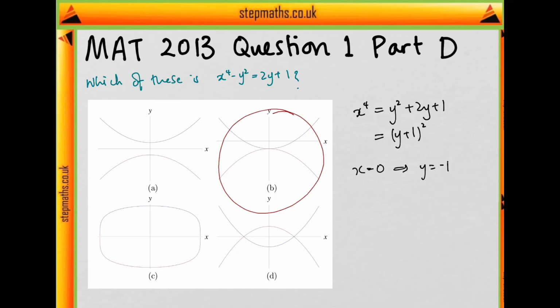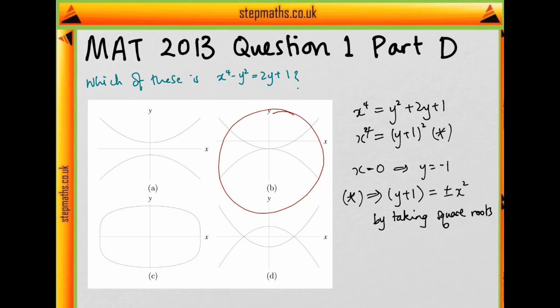And indeed, if you look at this equation here, if I call this star, then by square rooting both sides, I'm going to have y plus 1 if I square root this right hand side, and then when I square root the left hand side, I'm going to get plus or minus x squared.